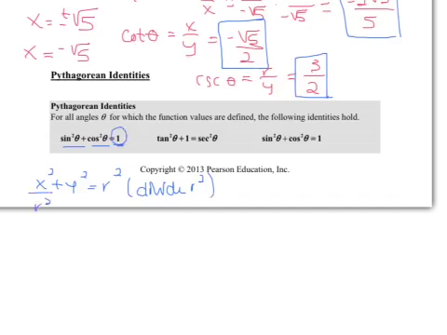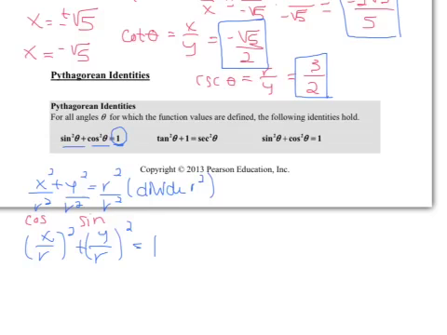So if I divide everything by r squared, then I have x over r squared plus y over r squared equals 1. And x over r is my cosine function, and y over r is my sine function.